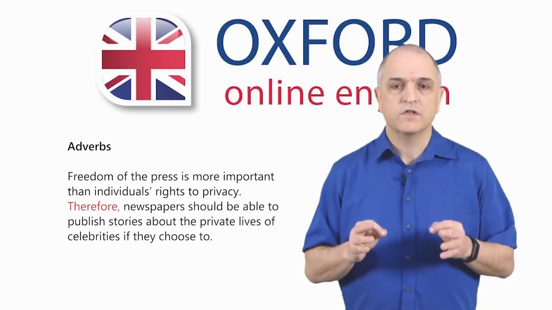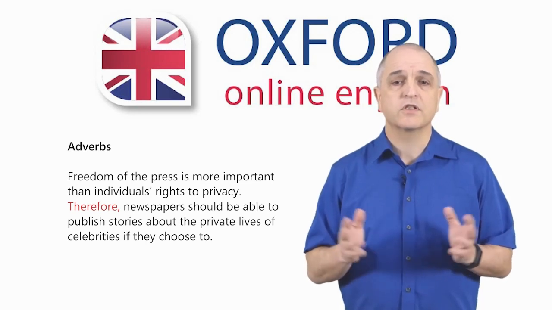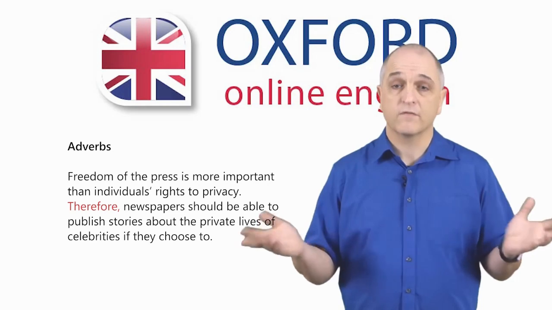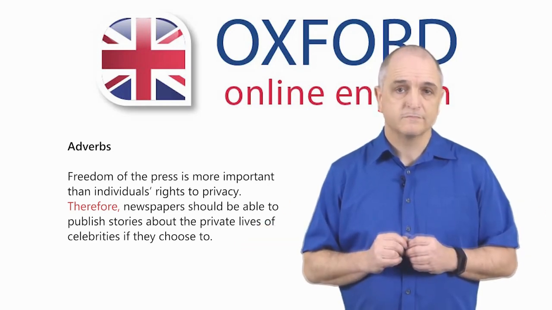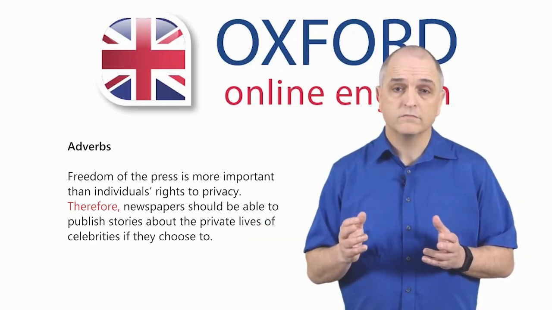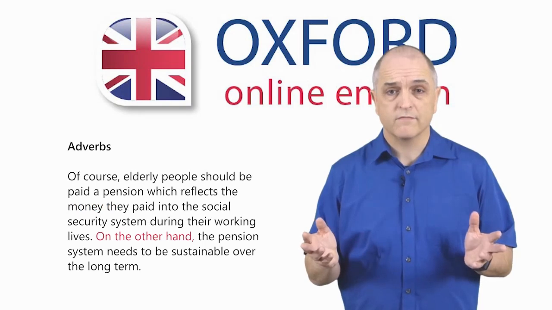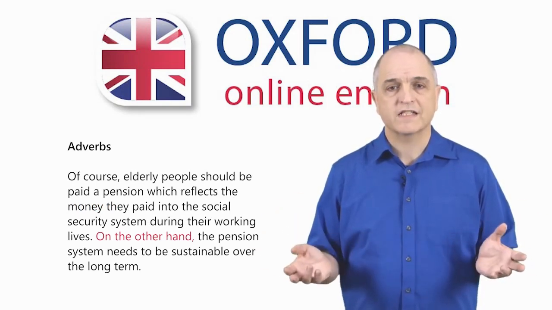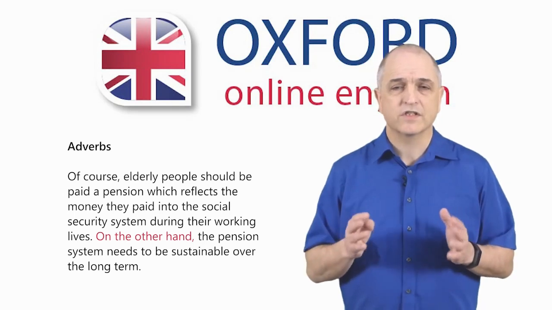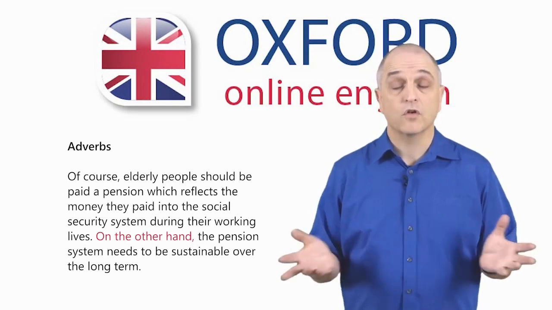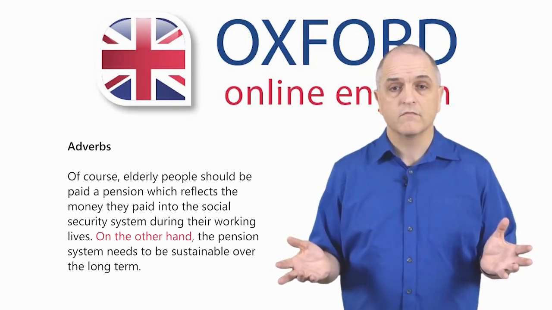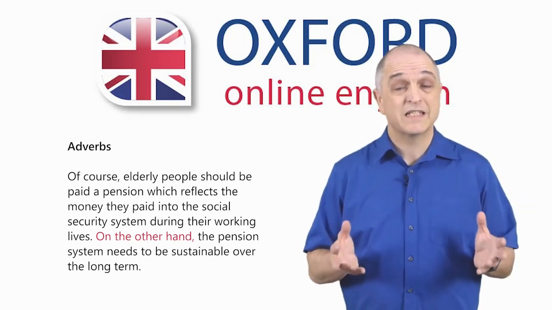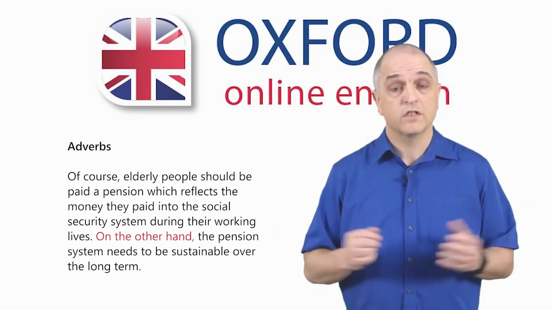Therefore, newspapers should be able to publish stories about the private lives of celebrities if they choose to. Or, of course, elderly people should be paid a pension which reflects the money they paid into the social security system during their working lives. On the other hand, the pension system needs to be sustainable over the long term.